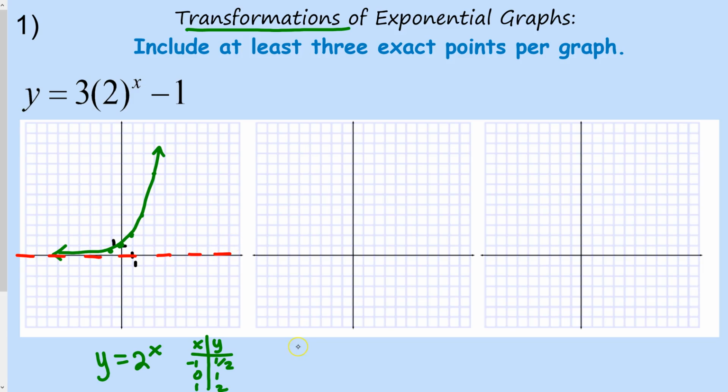Okay, the first transformation we're going to do is multiply it by 3, and that's a vertical stretch. So that's going to make every point 3 times as tall as it previously was. So the point that had a y-coordinate of 1/2 now has a y-coordinate of 3/2.